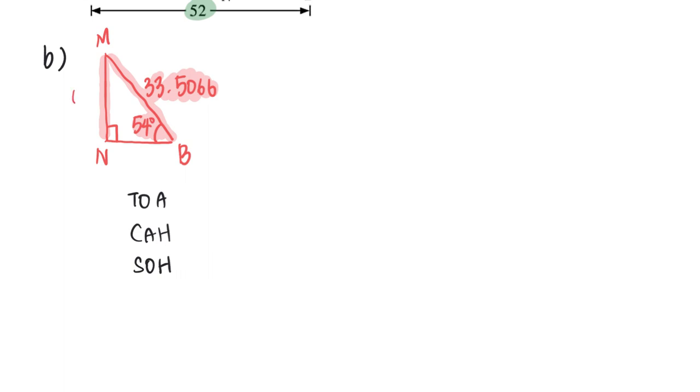This will be my opposite side, and this is my hypotenuse, with O and H. I am going to use my sine ratio to help us solve this problem. Sine of 54 degrees is equal to opposite over hypotenuse.